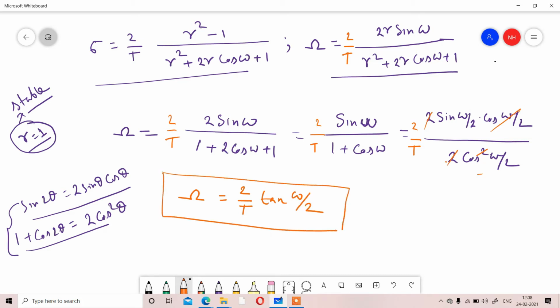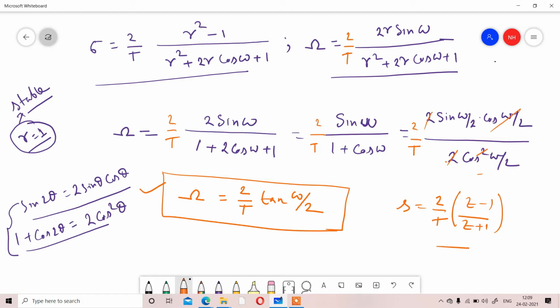That expression we are getting if we simply represent S equal to 2 by t into z minus 1 by z plus 1. Okay, so that is the relationship between the analog frequency and digital frequency.